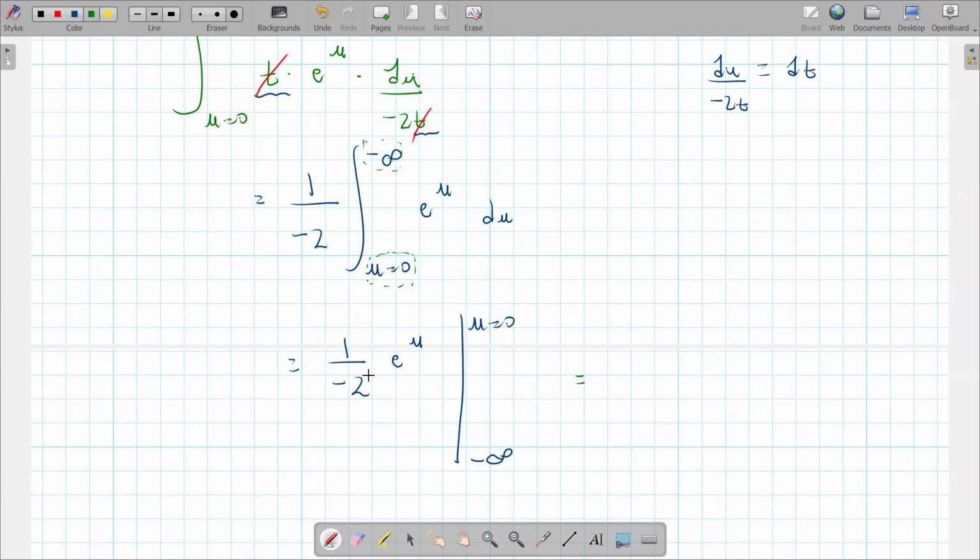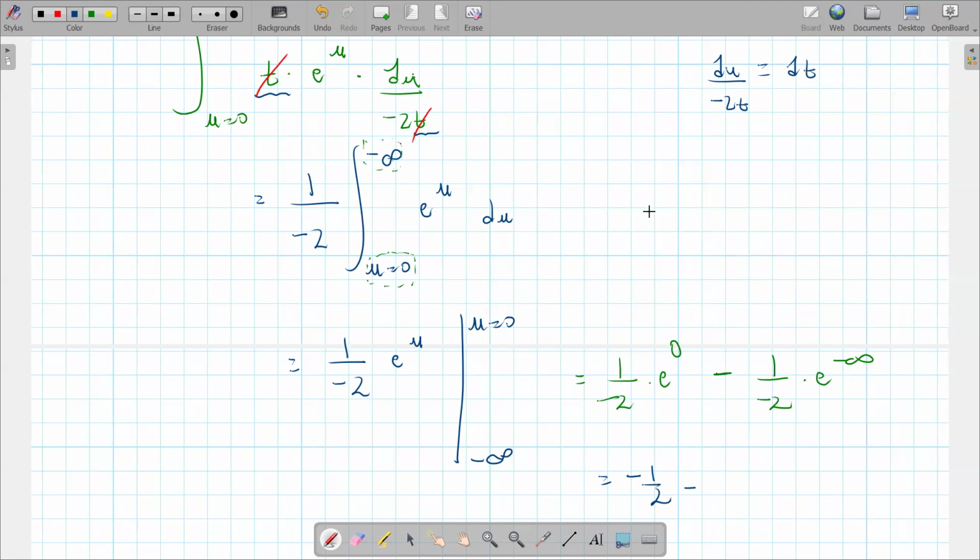So here, what do we get? We get 1 over minus 2 times e to the power of 0 minus 1 over negative 2 times e to the power of negative infinity. What is e power 0? 1. So the answer here is negative 1 over 2.